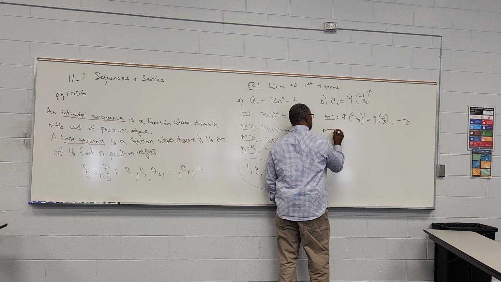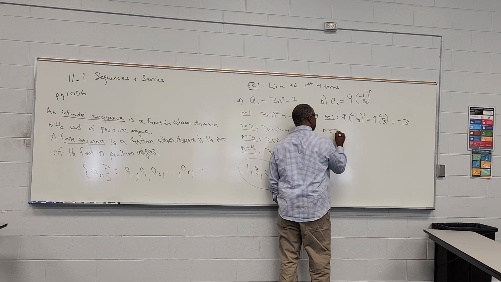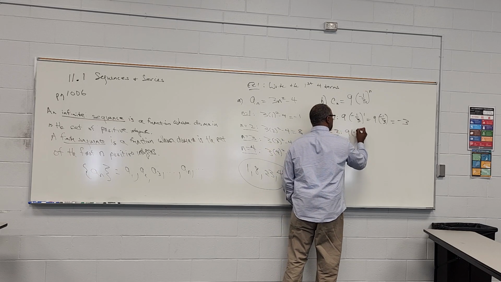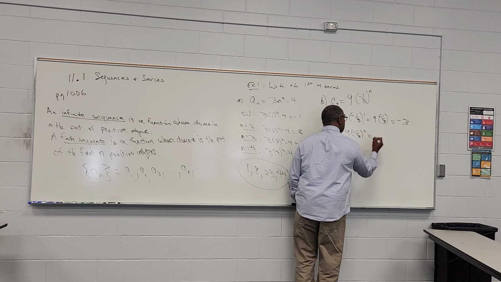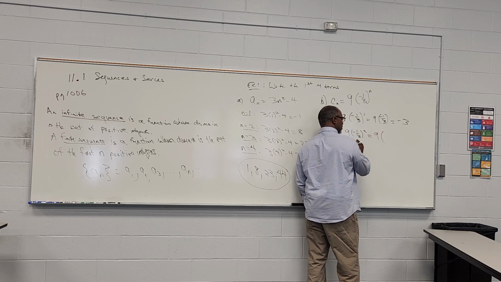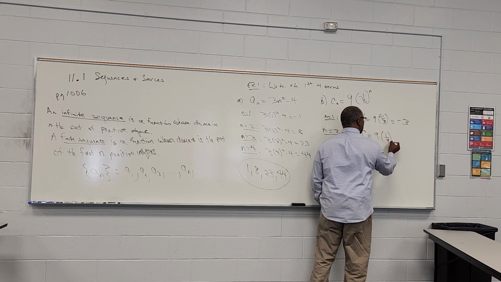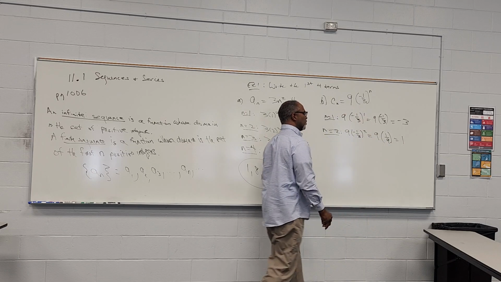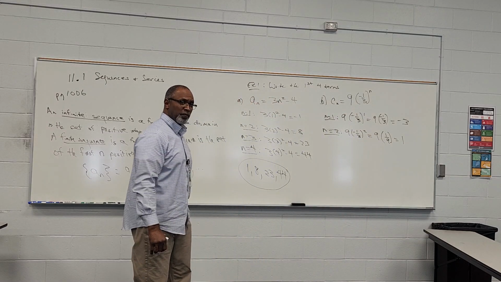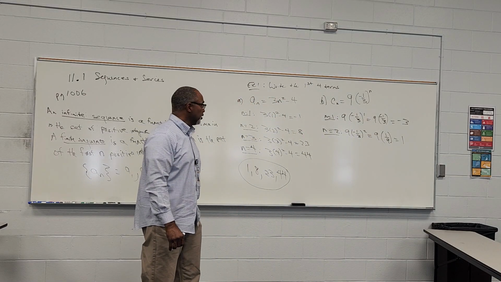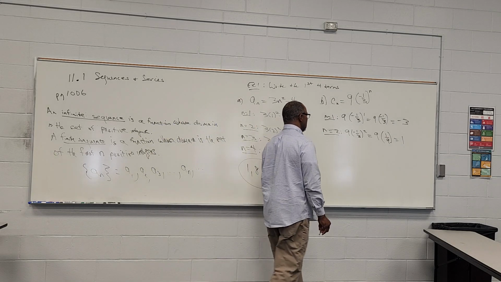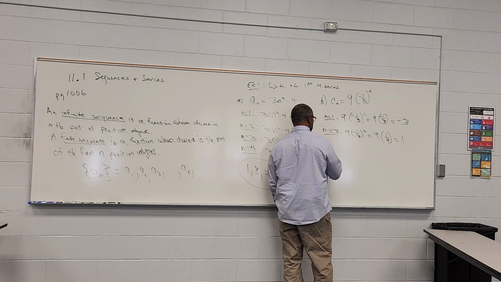When n is 2, you get 9 times negative 1/3 squared. Negative 1/3 squared means negative 1/3 times negative 1/3. That's a positive 1/9, and 9 times 1/9 is 1.